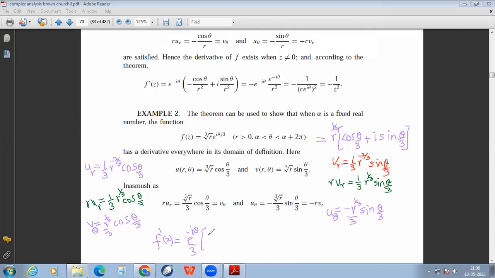This will be r raised to minus 2/3 cos theta by 3, and this will be plus i times r raised to minus 2/3 sine of theta by 3.